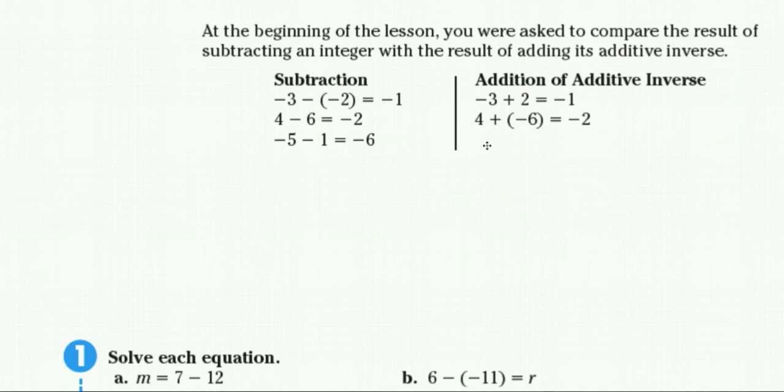So this becomes negative 5 plus negative 1 equals negative 6, because the additive inverse of 1 is negative 1, and we change subtraction into addition. So our subtraction here becomes addition here. And that's how you use additive inverse to subtract integers.